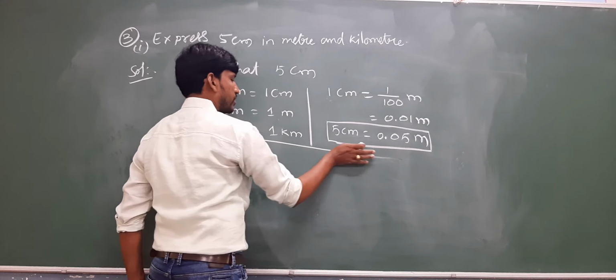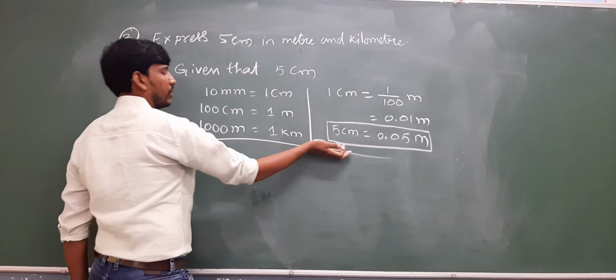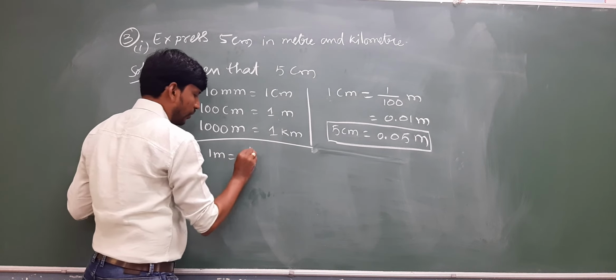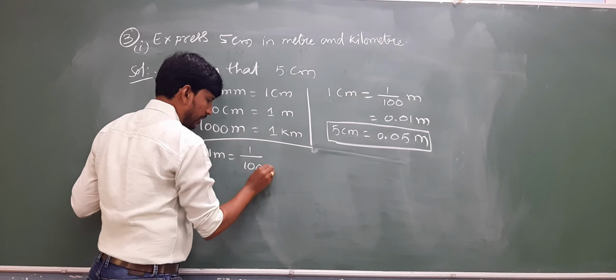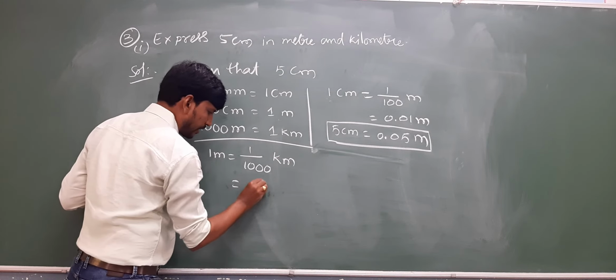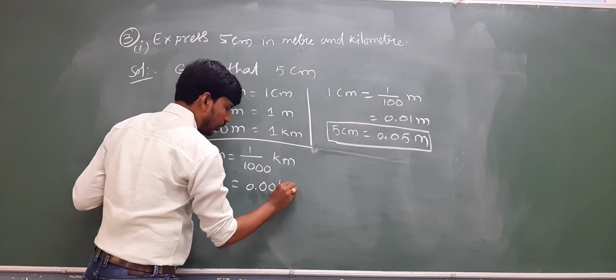Now we are going to convert centimeters to kilometers. Before that conversion, you should first convert kilometers to meters. Now 1 meter is equal to 1 by 1000 kilometers, that is 0.001 kilometer.